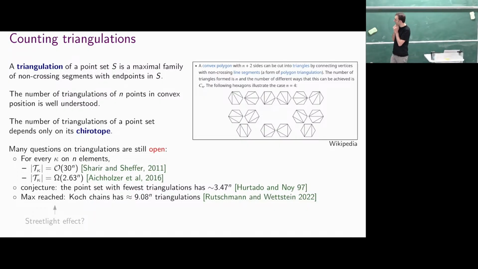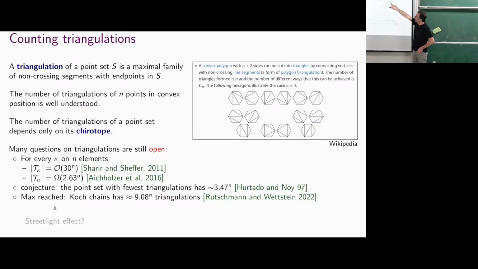Interestingly, when you look at such a question, one way to define triangulation is you're trying to cut the domain into triangles, but the other, more interesting equivalent definition is that you're looking at a maximal family of non-crossing segments. This has an immediate corollary. If you look at this edge, for example, in the point set, there is no edge that crosses it.